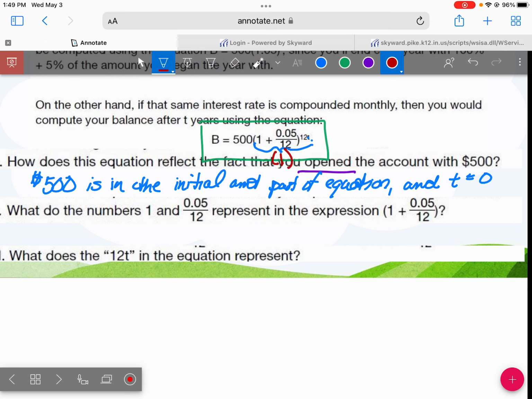And so 500 times 1 gives you that same amount back, 500. So 500 is the initial amount part of the equation. And if T is equal to 0, I'm going to say, comma, the growth factor would be 1. Growth factor is 1 and gives us the $500 again.